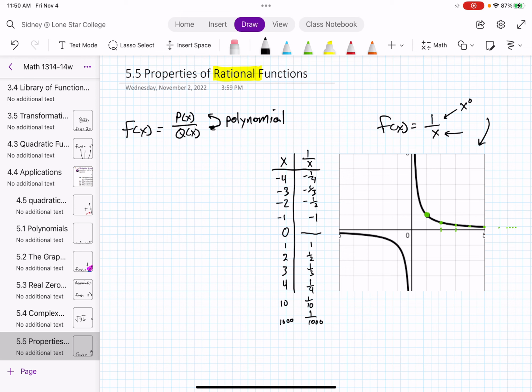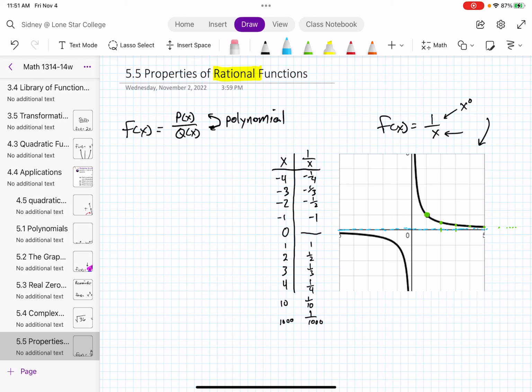It's greater than 0. Now, this thing is called an asymptote, and an asymptote is where you have values that get infinitely close to a value without ever actually touching it. If you ever had a sibling growing up and they were like, I'm not touching you, and you're almost touching them. They're like, I'm not touching you, but you're almost touching them. It's kind of like that.